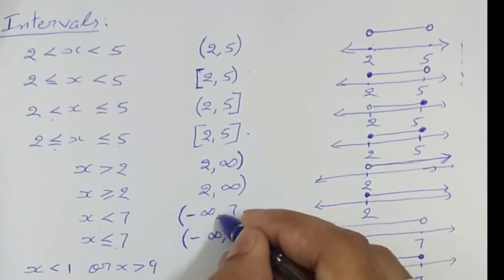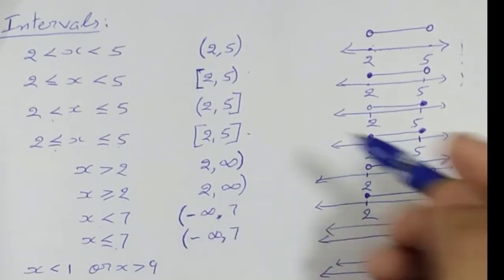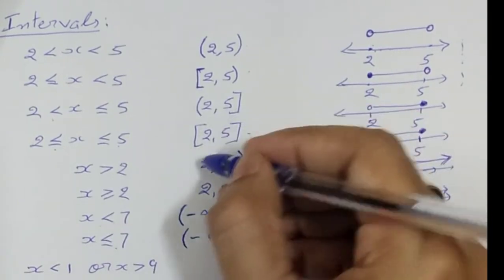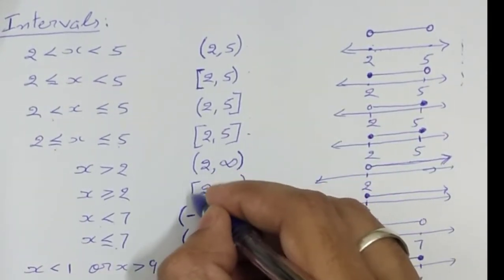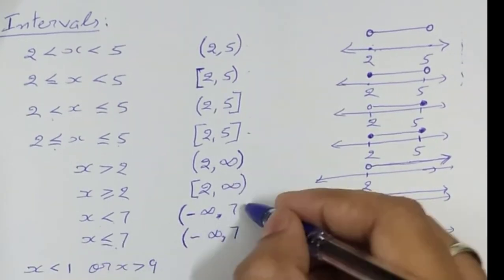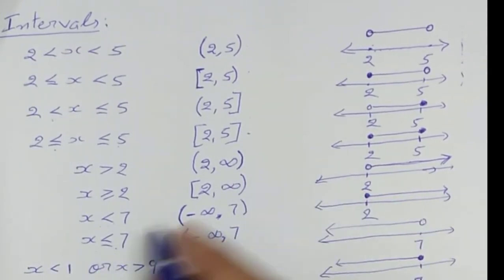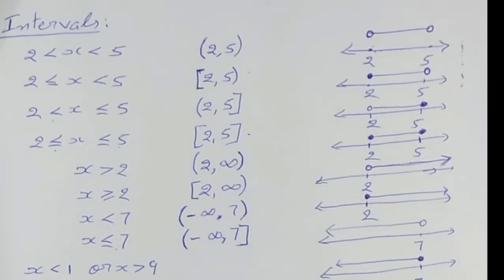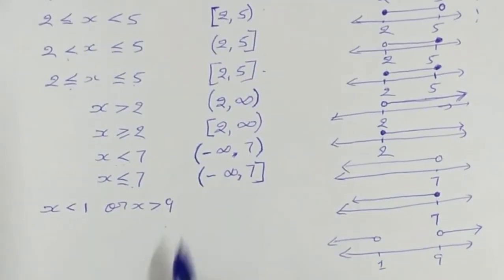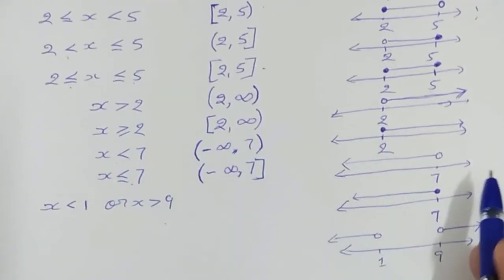This just represents the behavior. Okay, 2: we put a round bracket because it is not to be considered. Over here 2 is to be considered, so square bracket. 7 not to be considered, round bracket. 7 is to be considered, so square bracket. So this is how we write the respective answers for this in the interval form.